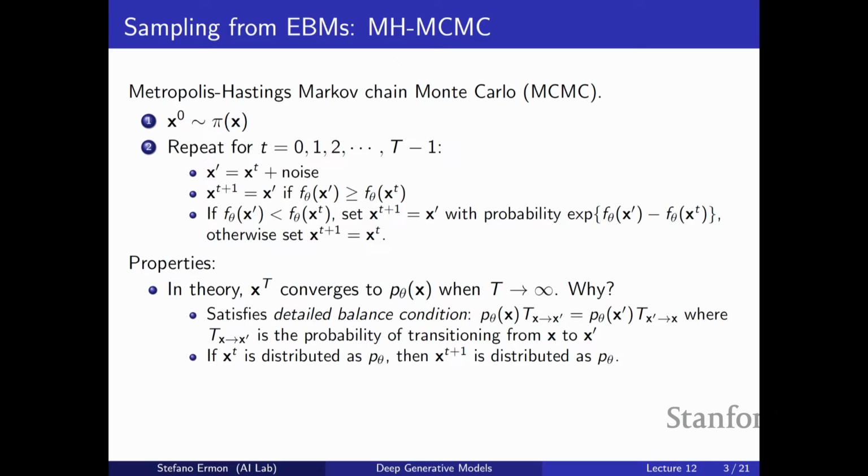And what you can show is that under some conditions, you actually converge to this fixed point. So p theta is a fixed point of this operator, and you get there regardless of where you start from. Regardless of how you choose this pi, how you initialize your sample, eventually x_t is going to be distributed as p theta, which is what you want, because it's a fixed point of this operator.